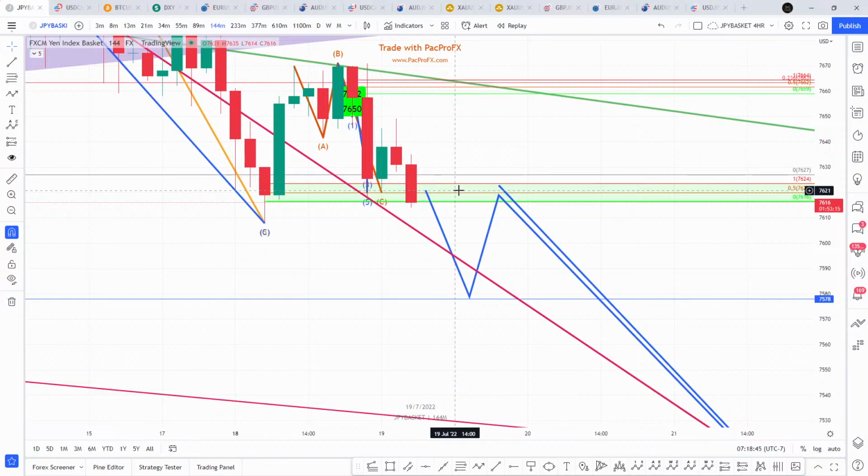Alright guys, anyone on YouTube want me to go over anything else, or any of my members want me to go over anything? Looks like UK, so the British pound and the yen would be the focus in that order.